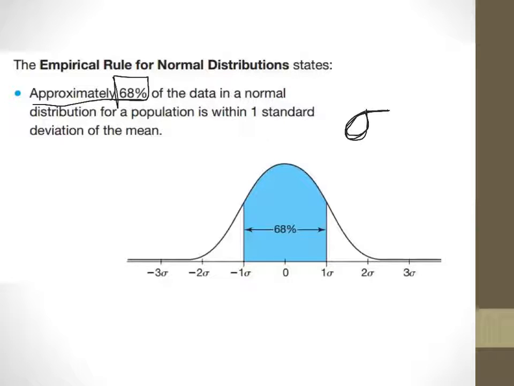So what that means is if my mean is right here in the middle, if I go one standard deviation in both directions, 68% of my data is going to be included in this blue area. No matter what, if I have 100 people and it is normally distributed, then that means 68 people are within one standard deviation of the mean.